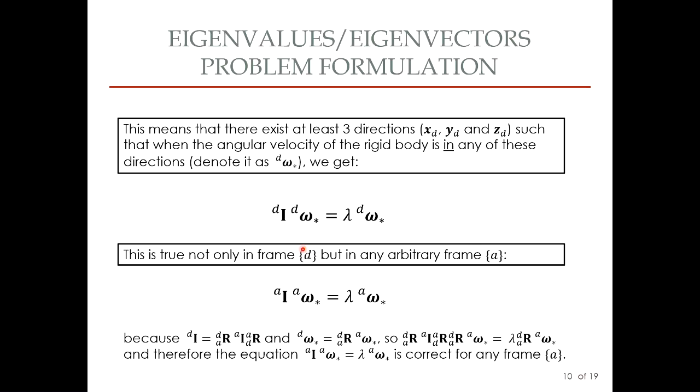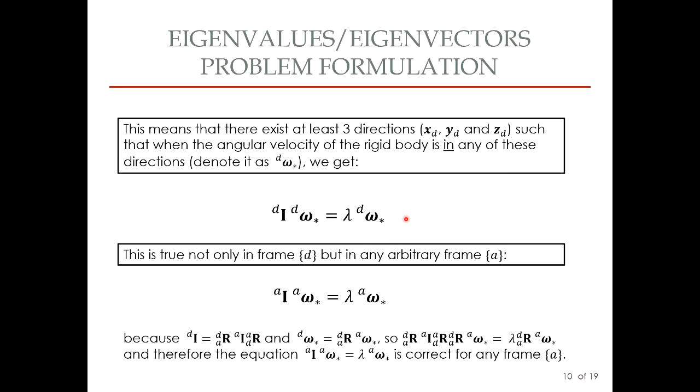If it happens, then I will have this equation correct, which is angular momentum parallel to angular velocity, and the scaling factor between them will be one of those components of I in frame D. Is it clear so far?